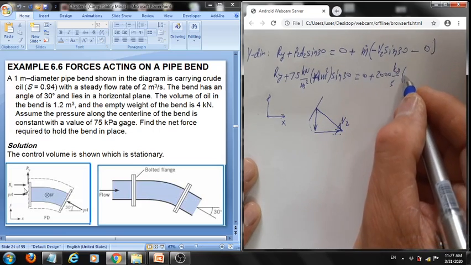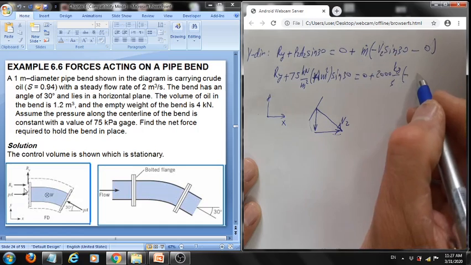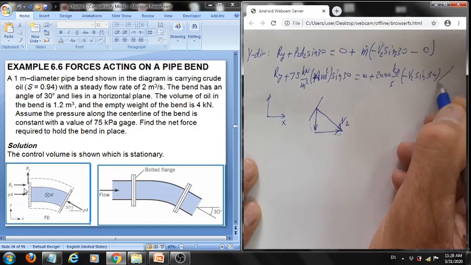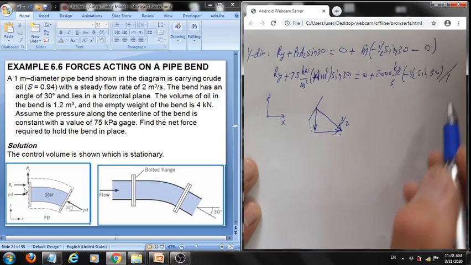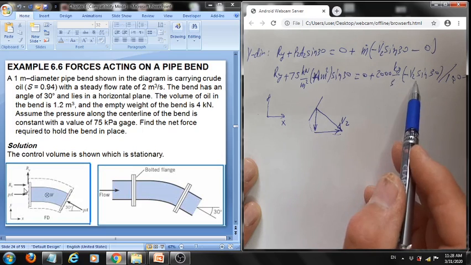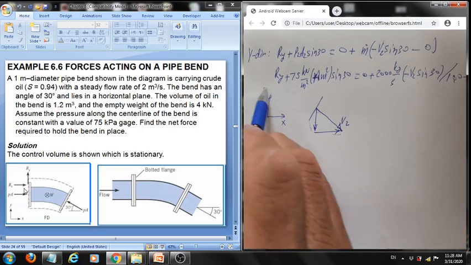And then we have minus the value for V2 sine 30, and once again we need to divide by 1,000 to convert from newton to kilonewton. So this is in the y direction.